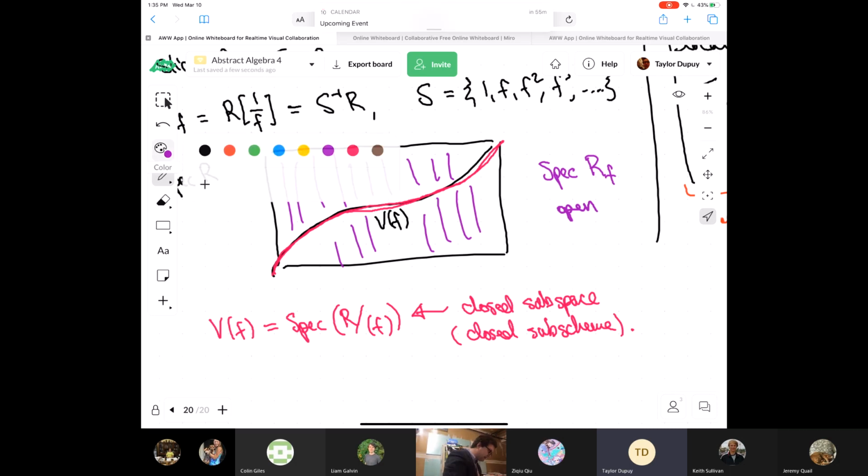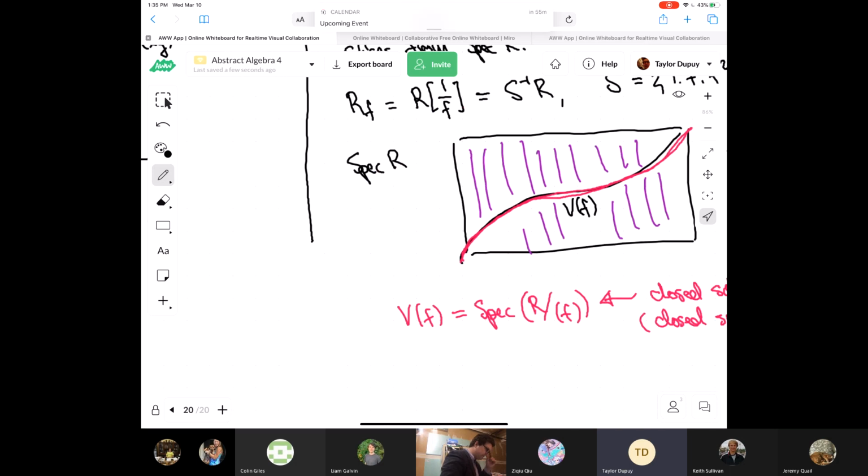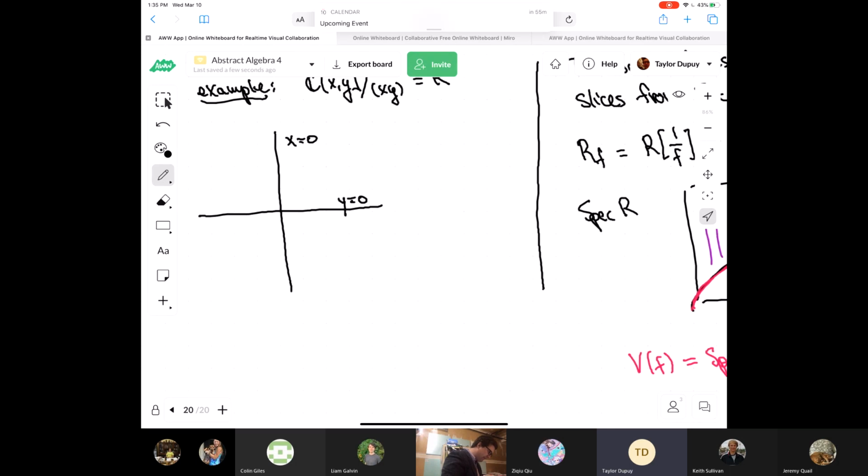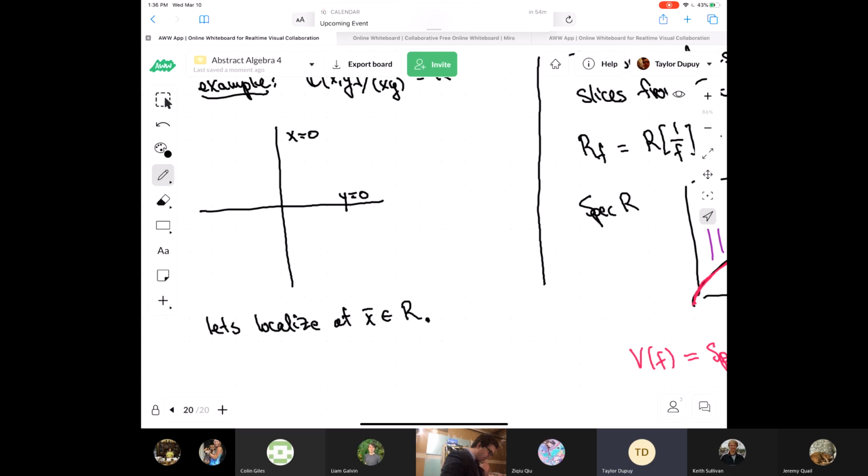All right, so let's go back to this example, which is about removing a slice. In the example from last time, let's localize at x bar in this ring R, where x bar is equal to 0.